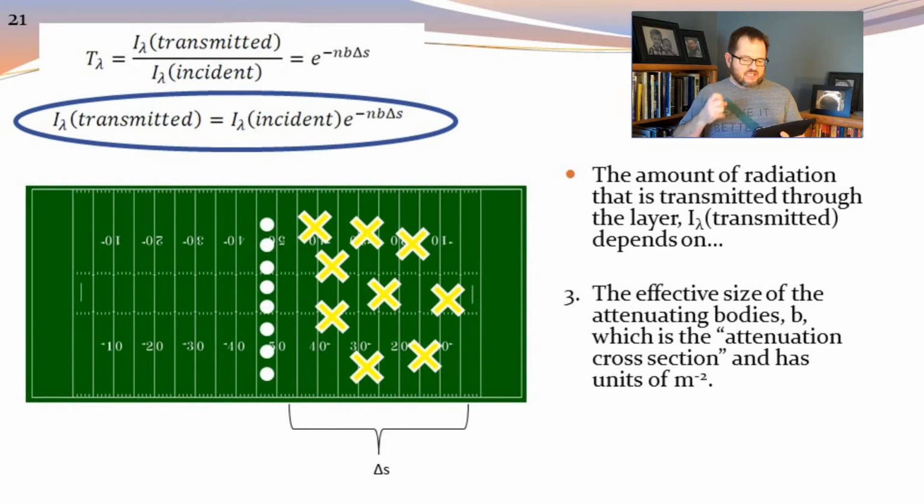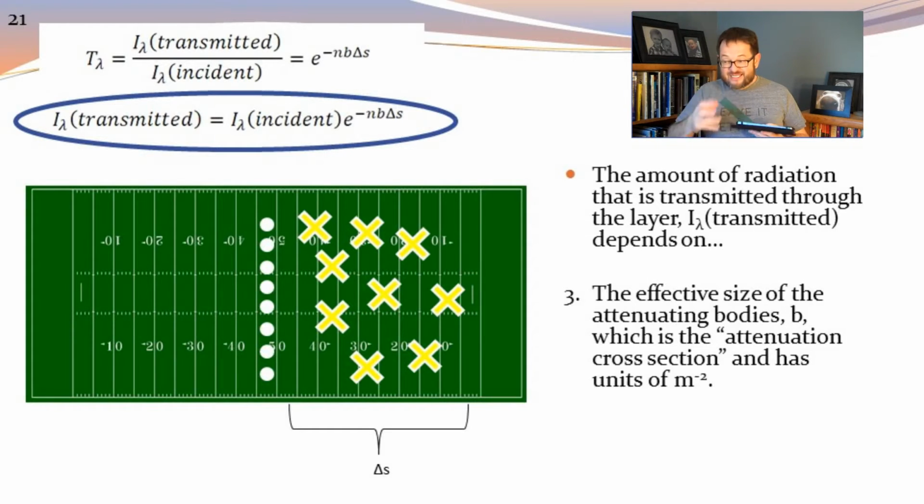So there's actually this number b, which is called the effective size of the attenuating body. It's actually an absorption cross-section. It's literally like how big of a target each of these molecules is. Something that's better at absorbing radiation is described as having a bigger absorption cross-section, and something that is less good at absorbing radiation is described as having a smaller cross-section.